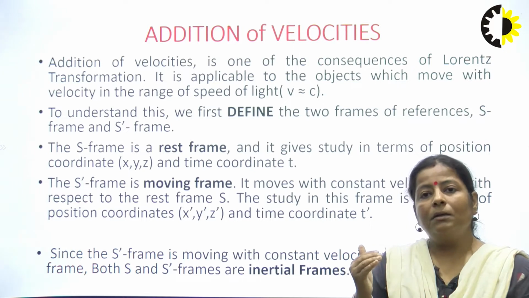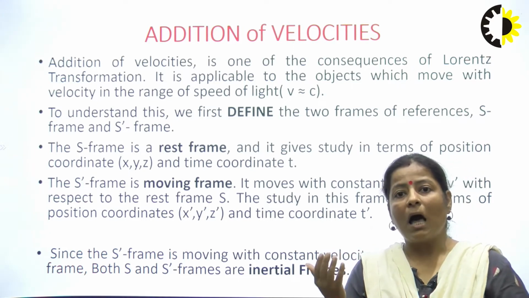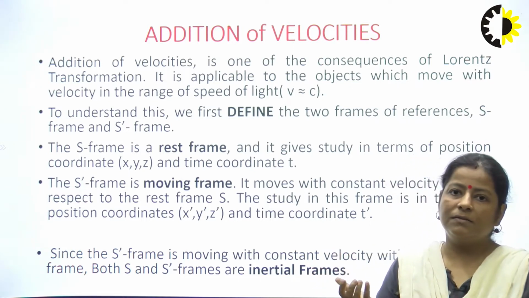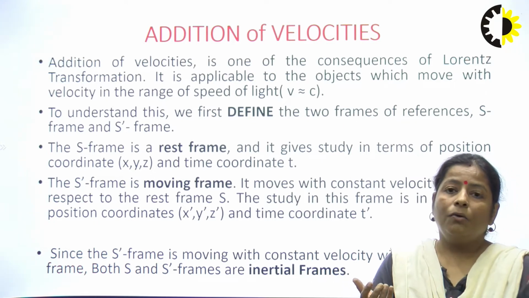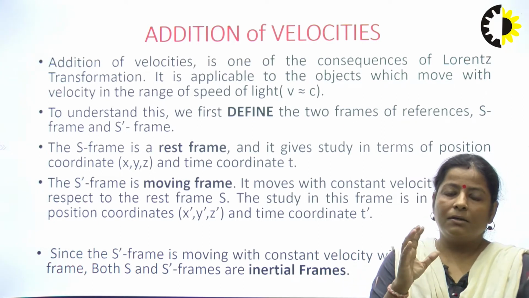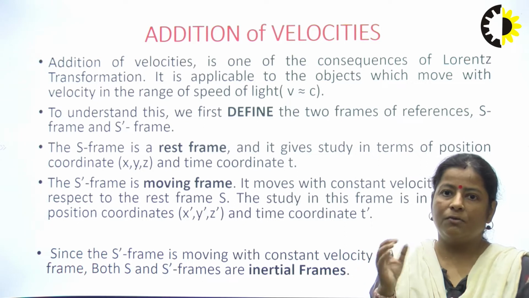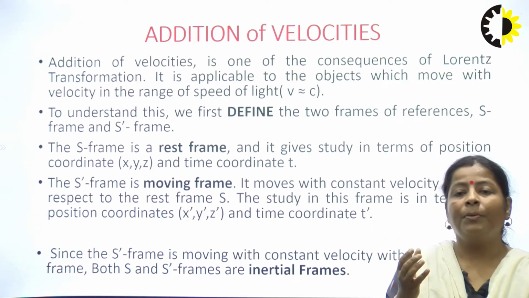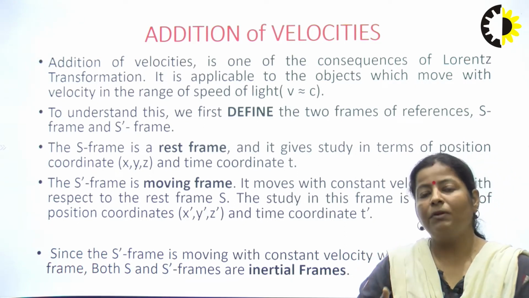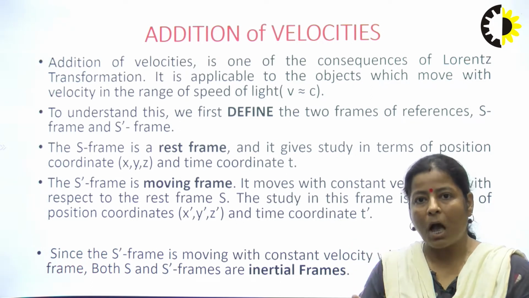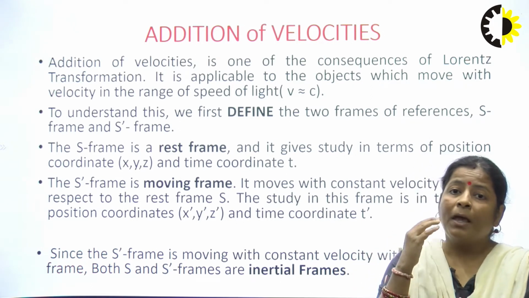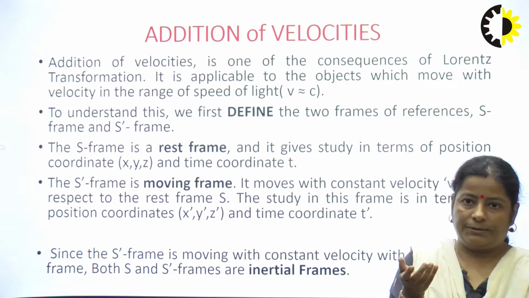The other class of relativity is relativistic mechanics, which is the special theory of relativity. In that theory, we are dealing with motions having velocities comparable to the speed of light.